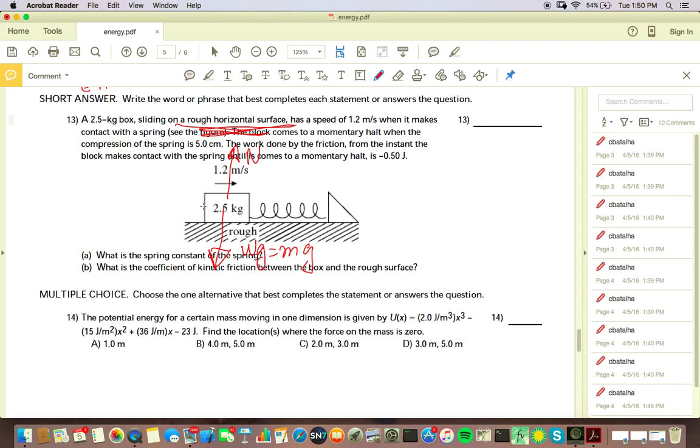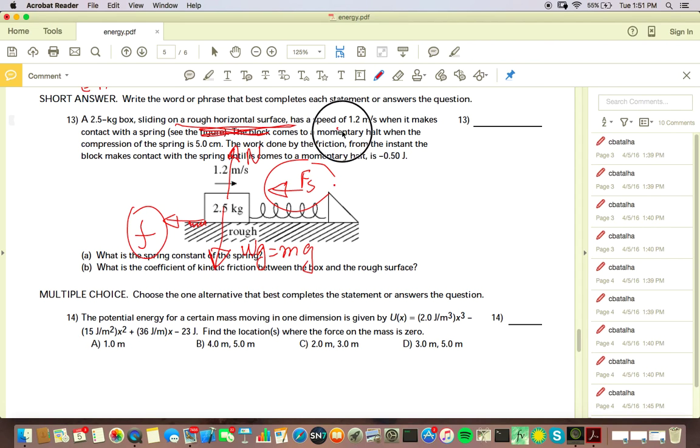See, the spring exerts a force from right to left, calling this force of spring. And since the block is moving to the right, and since the surface is a rough one, there is also a frictional force to the left.